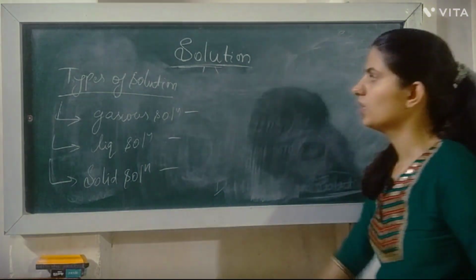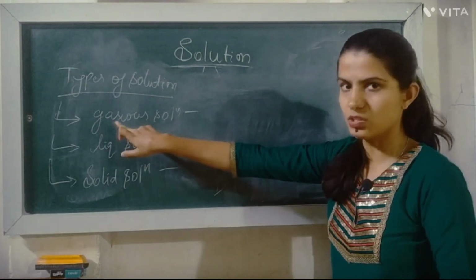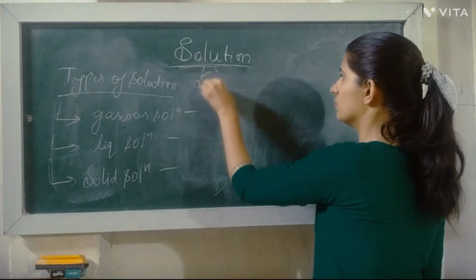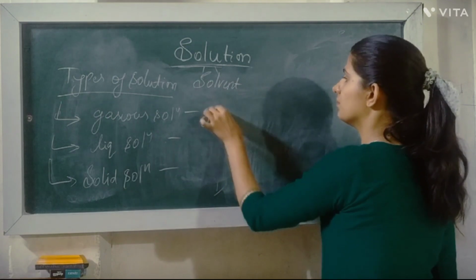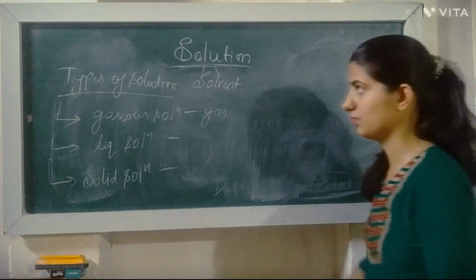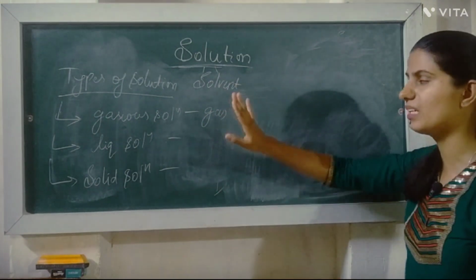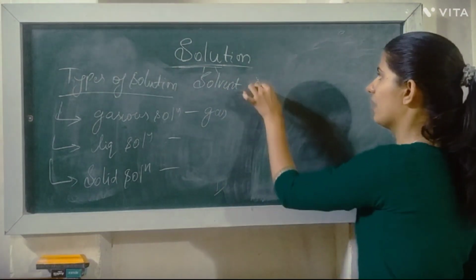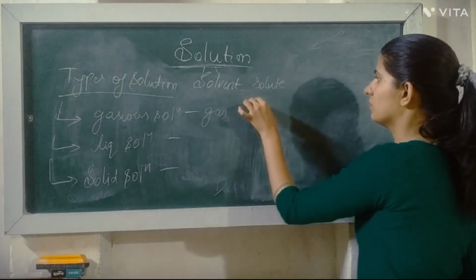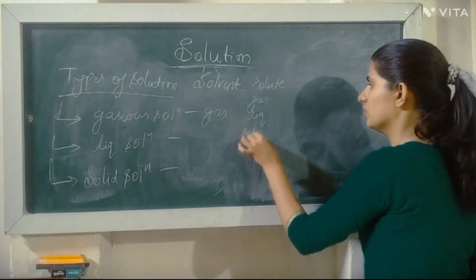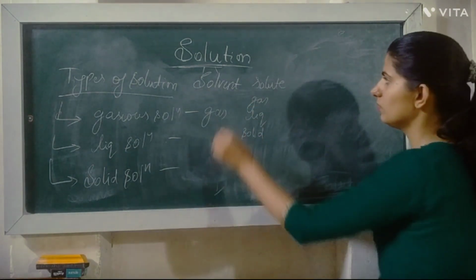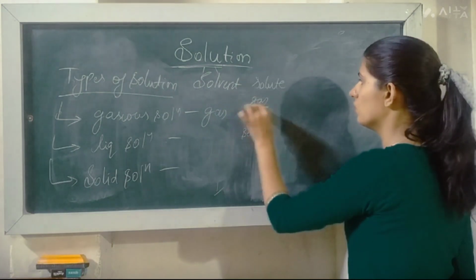Gaseous solution means the solvent is going to be gas always. In the gaseous solution, the solvent is going to be gas always. Solute can be gas, liquid or solid. So we are adding gas in gas.